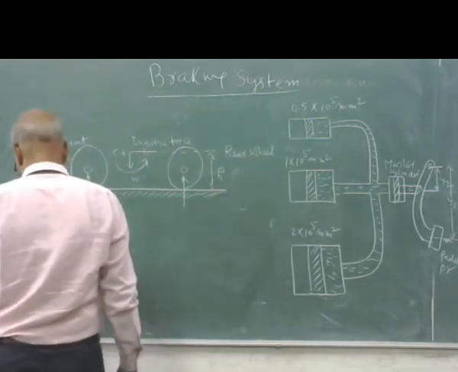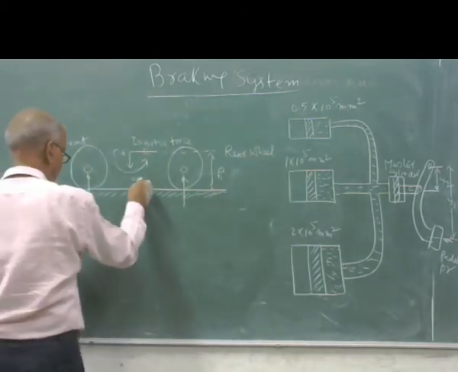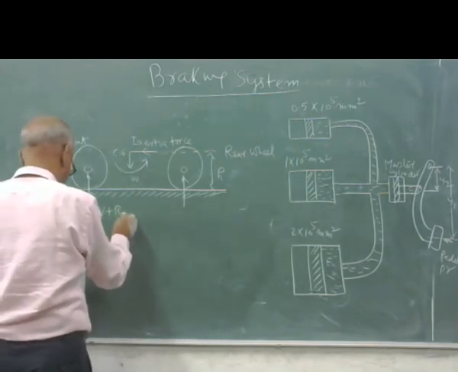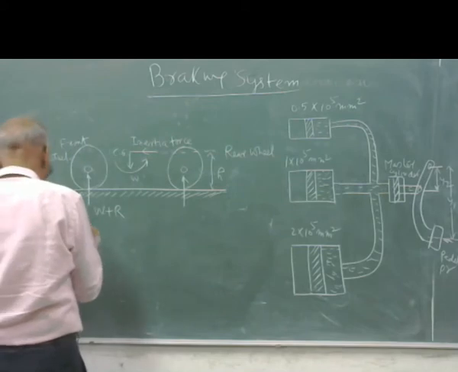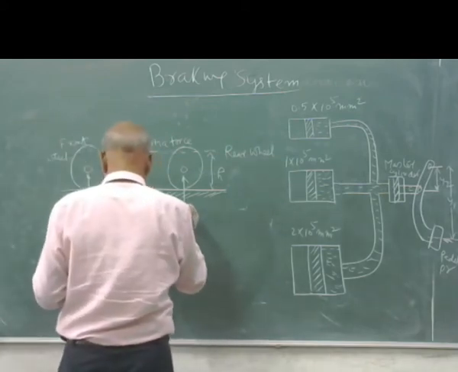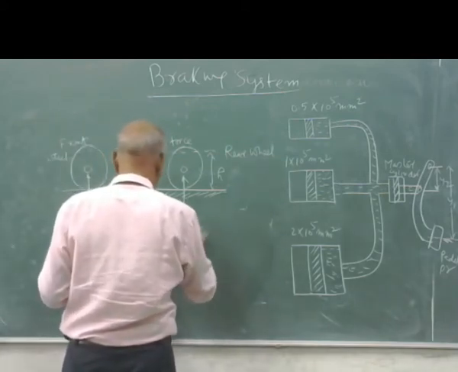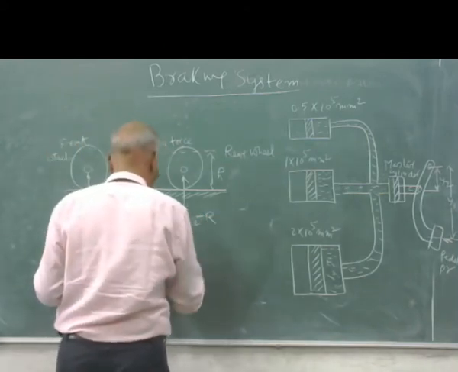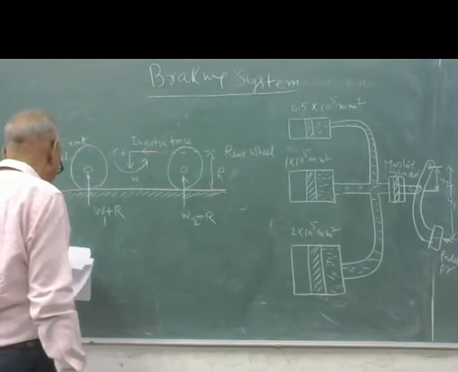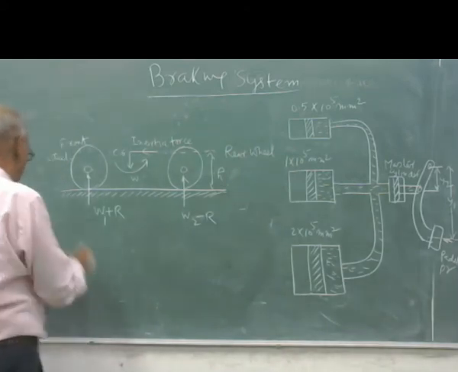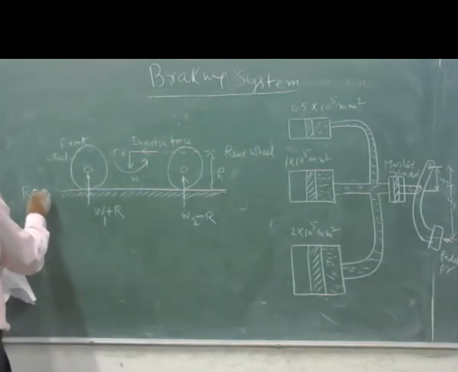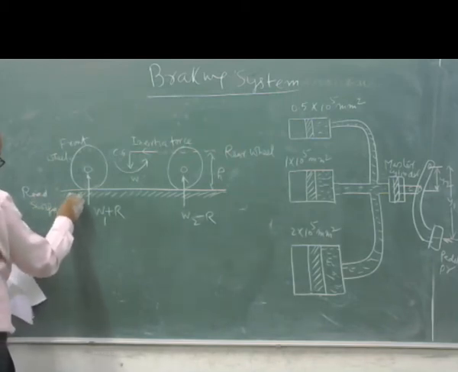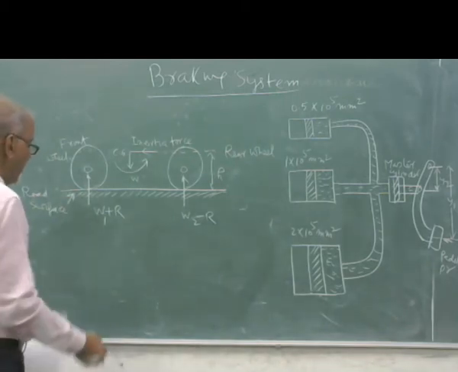So if the weight is W, then W1 plus R, where R is the reaction force, and W2 minus R, where R is the reaction from the road surface. Okay, so what happens?